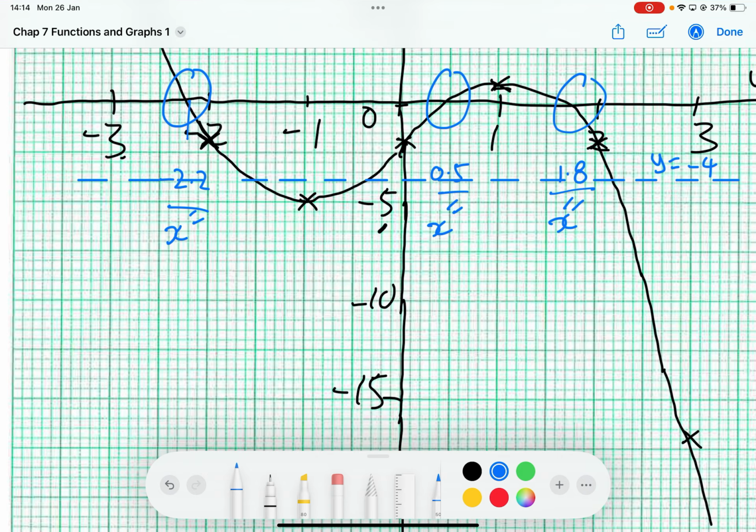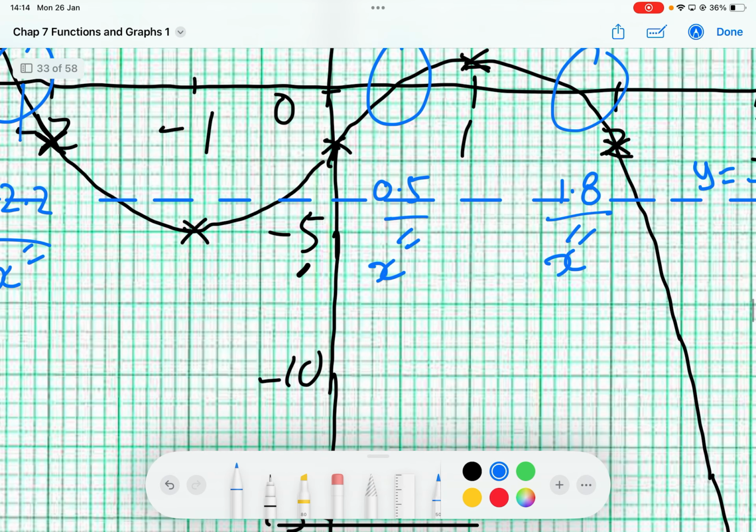And then you can see that where they cut my graph are all the points where y equals negative 4. Okay, so y equals negative 4 cuts my graph here 1 time, here 2 times, here 3 times.